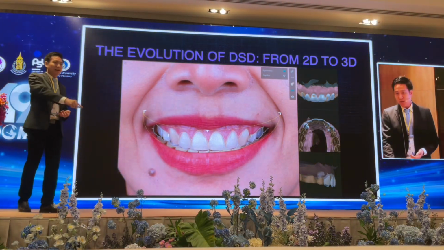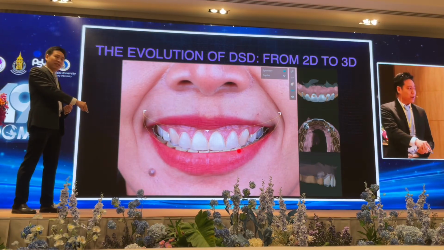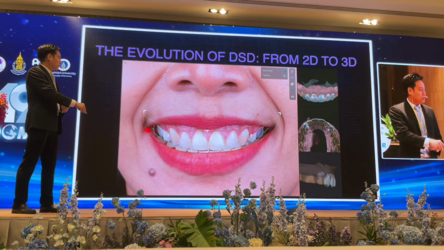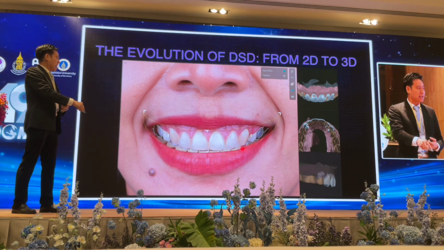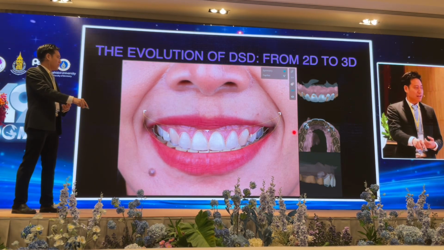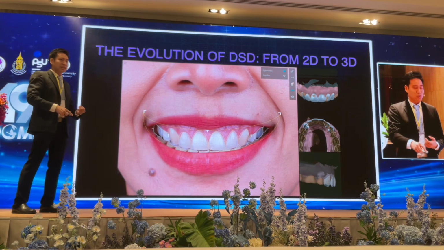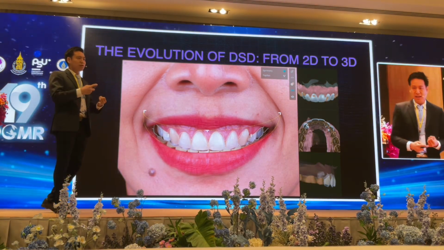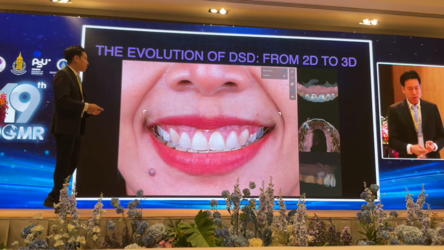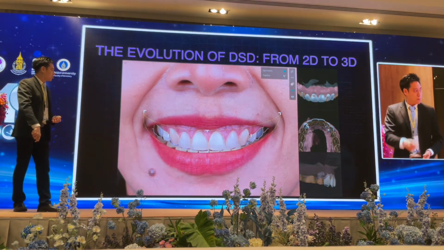So when we put everything together in the same place in the software, you can do the 2D smile design, and at the same time you can see what's going to happen in the real life of the patient. You can see in every direction in detail: occlusal plane, lateral view, occlusal view, labial view.